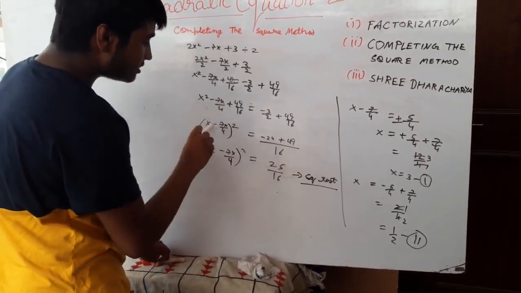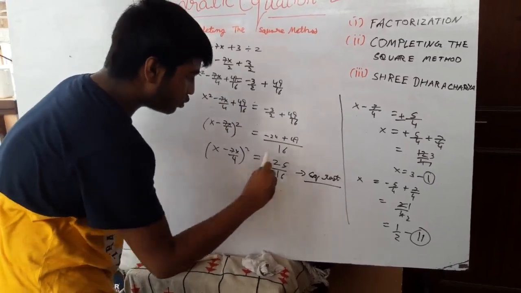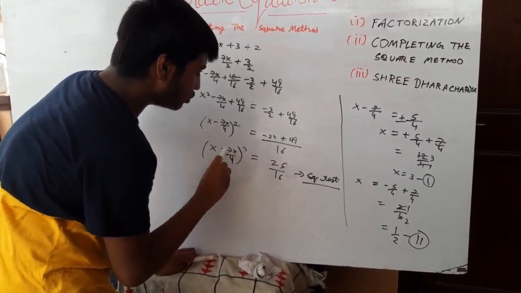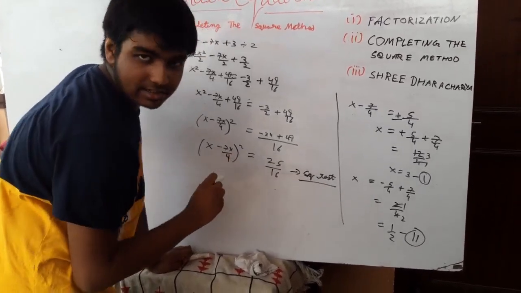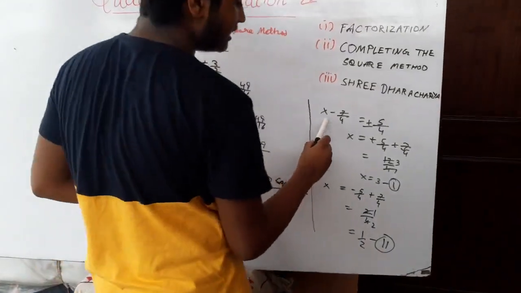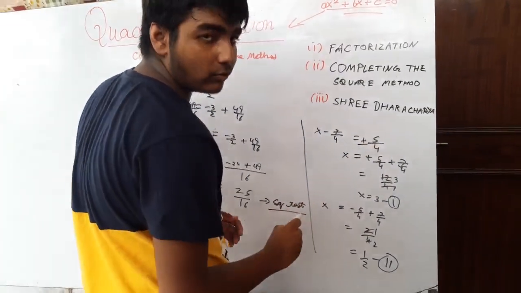Then we will take the square. We will get x minus 7 by 4 whole square is equal to 25 by 16. Then we will square root both sides. We will get x minus 7 by 4 is equal to plus minus 5 by 4.